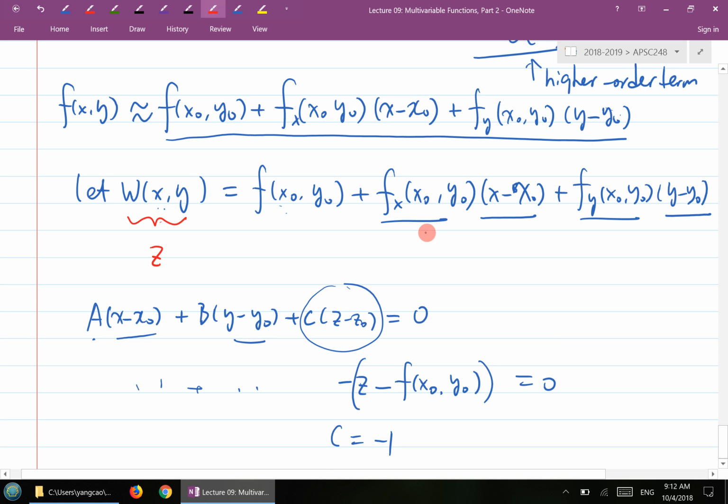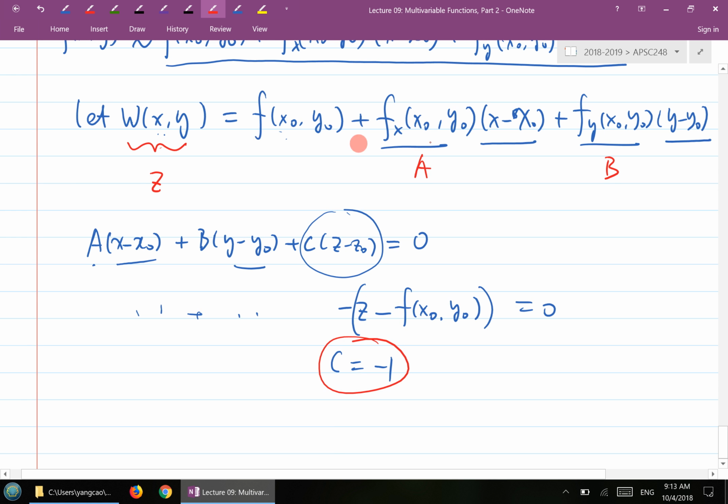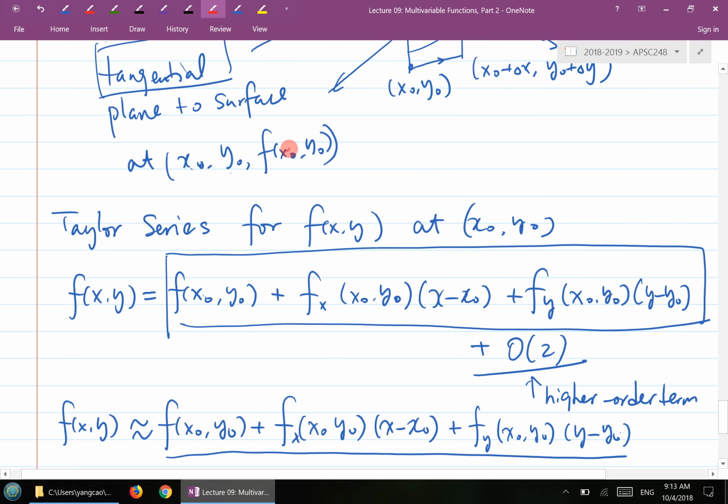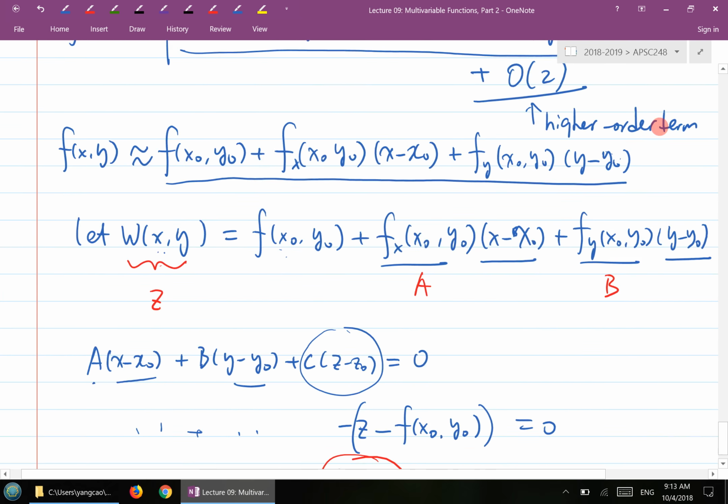So here is the normal vector A, B, and then C. In the future lecture, we're going to prove that this ABC is perpendicular to the surface at that location. So this literally just gives us this plane, a tangential plane to this point at that location. So leave that as a question mark for the future. Why is it tangential? We'll prove that in the future.